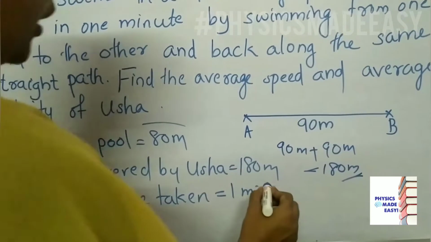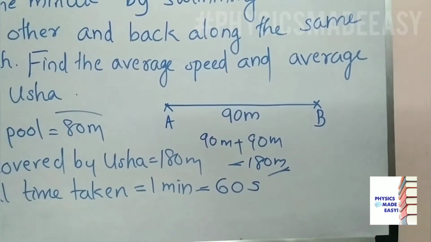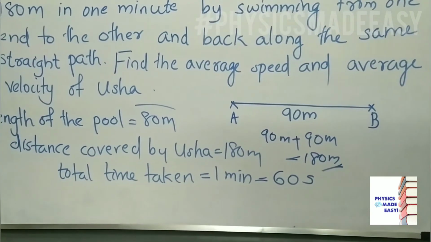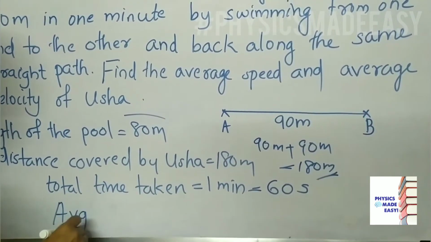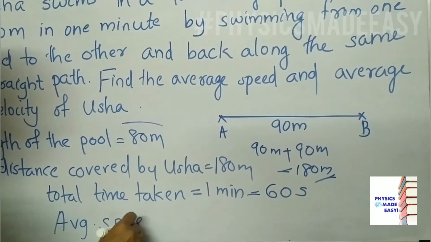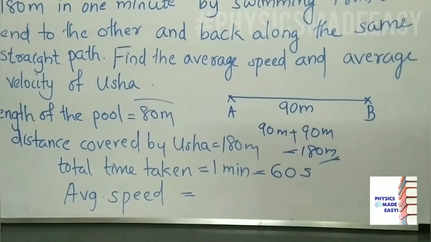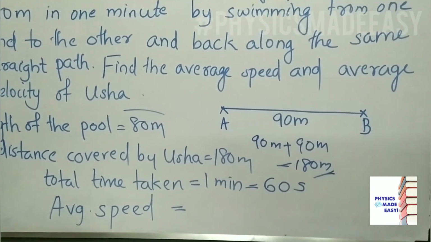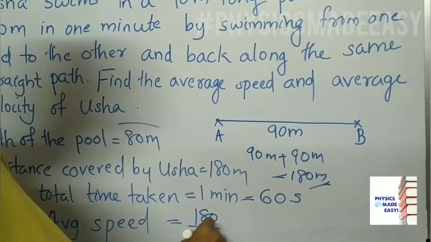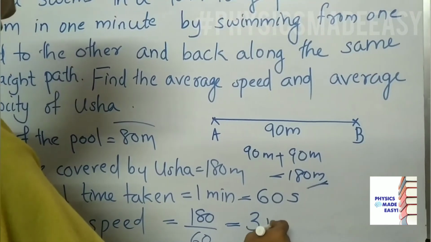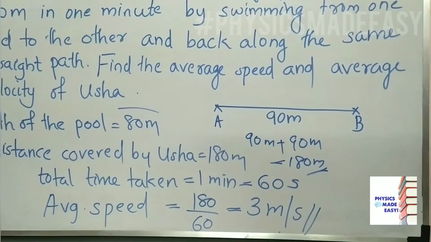So 1 minute is equal to 60 seconds. Then you have to find the average speed. Average speed is equal to total distance traveled divided by total time taken. Here 180 divided by 60 is equal to 3 meter per second. This is the average speed of Usha.